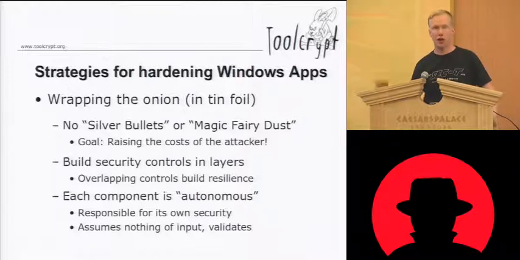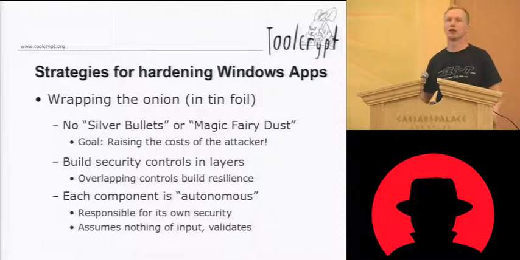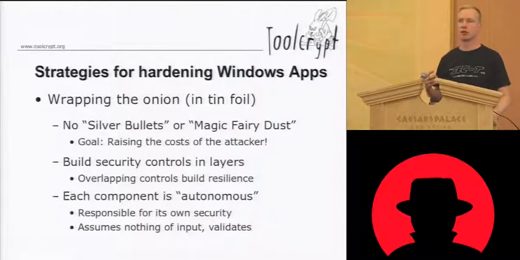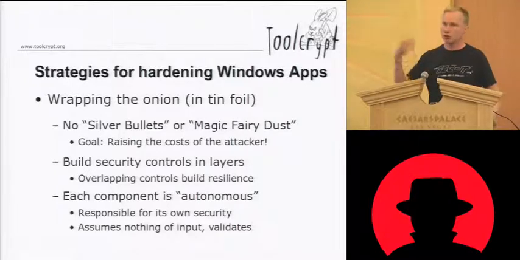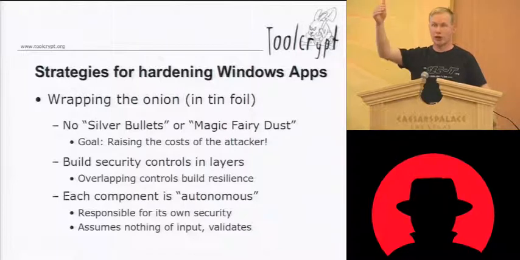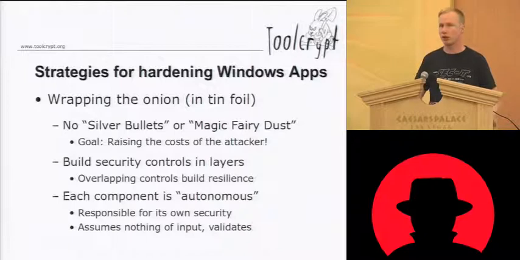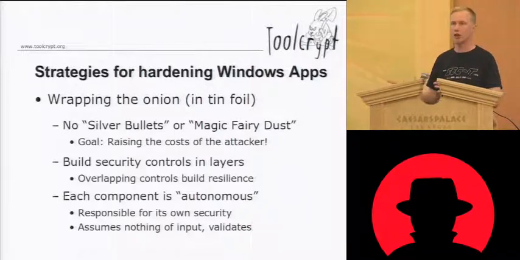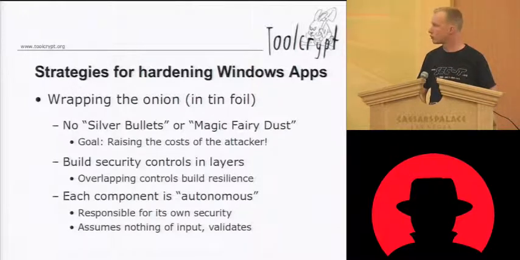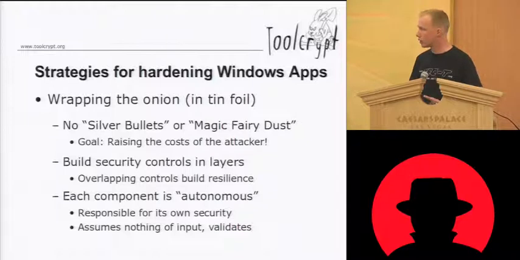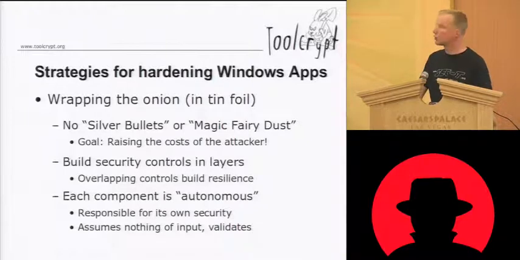It's better to have several components within your application verifying the same data several times over than just verifying once, hoping you've verified everything when you read it from disk, and then trusting the data from there on in the application. So make sure that each component you isolated, when you're doing the threat modeling, doesn't assume anything of its input and validates everything before it uses it.